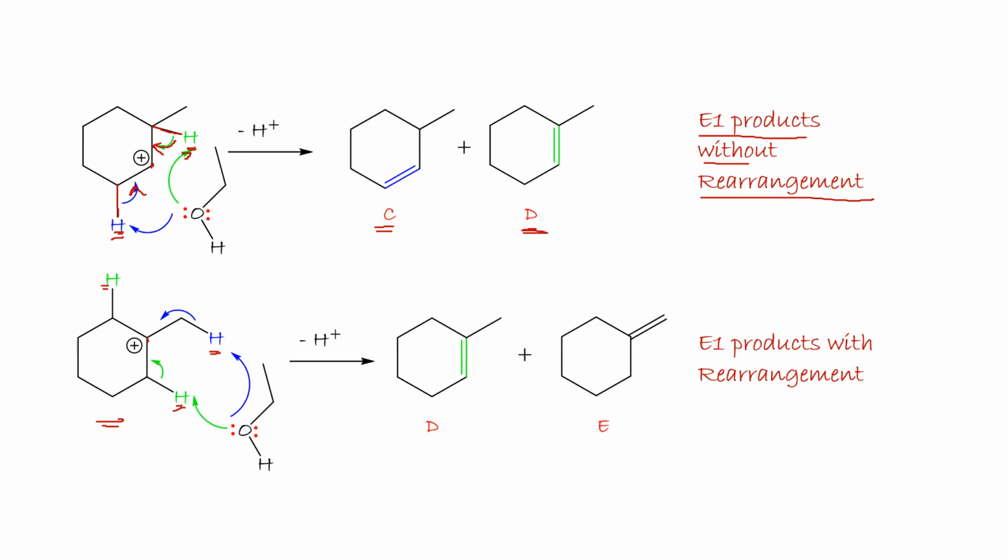So if we eliminate the green one, that will lead to the formation of D. Elimination of the blue one will lead to the formation of E. So D and E: we can get D from E1 without rearrangement, and also from the rearranged carbocation, plus E. So D and E, we can say are E1 products with rearrangement.